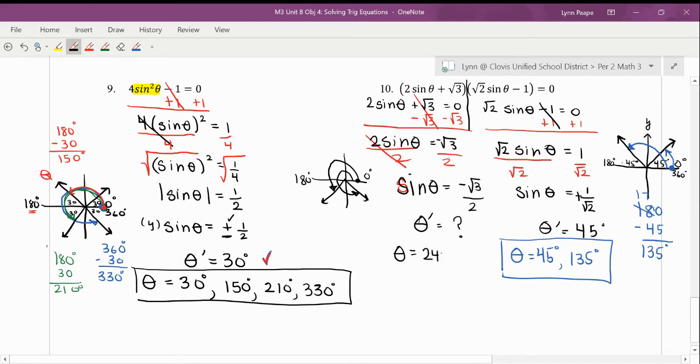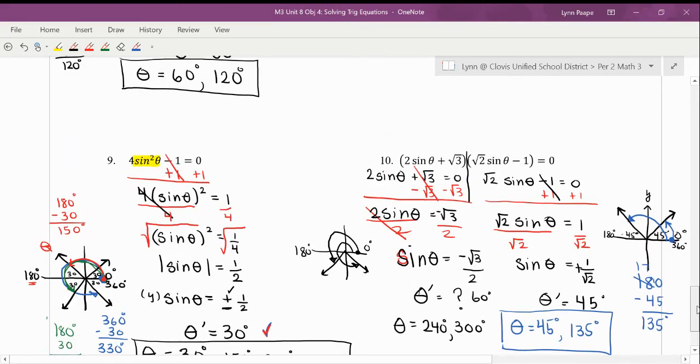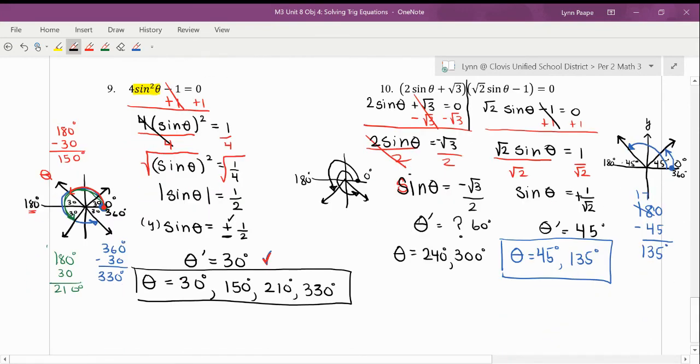And so hopefully what you got was 240 and 300, and that was 60. Okay. And now let's go ahead and take a look at those tangents. Oh, so let me mention here. So all 4 of these answers would be the solution to that equation.